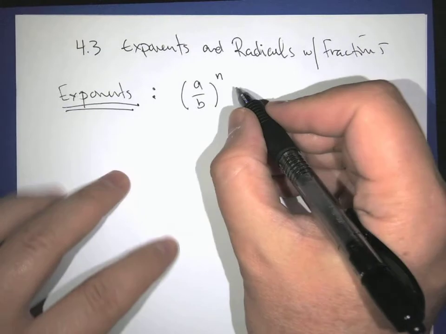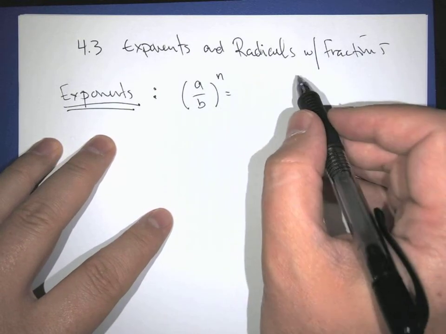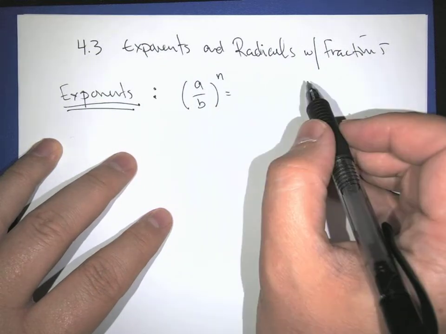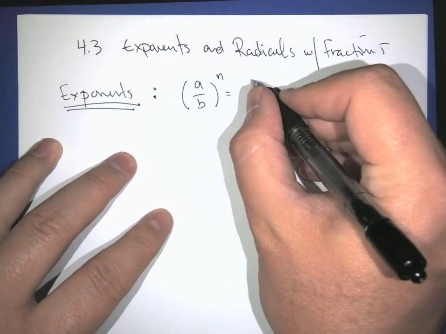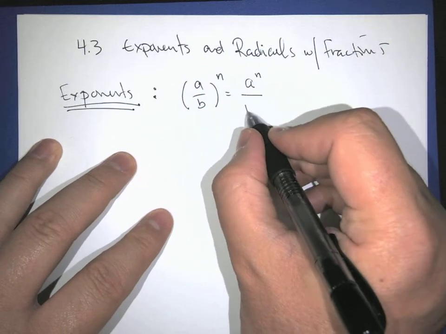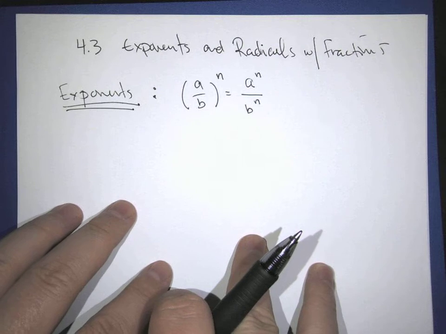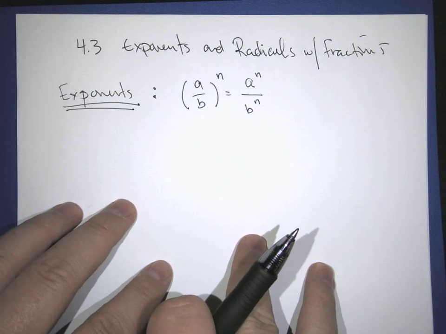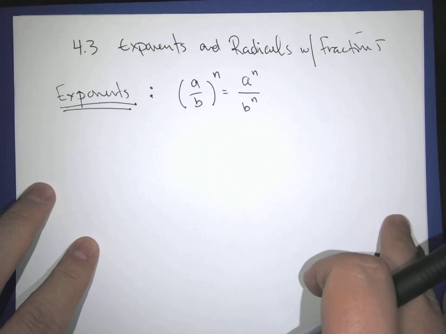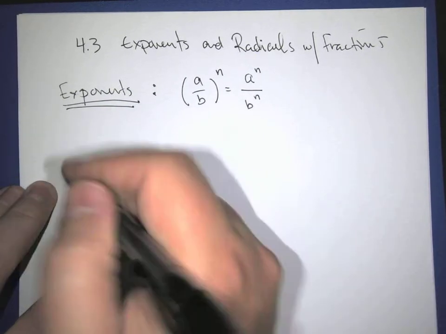So in theory, this is going to be a over b times a over b times a over b, and so on. If we then remultiply, you're just going to get a times a times a times a on top, which is just a to the n, and b times b times b on the bottom, which is just b raised to that power. So the long and short of it is that exponents over a fraction will just distribute to the numerator and the denominator.